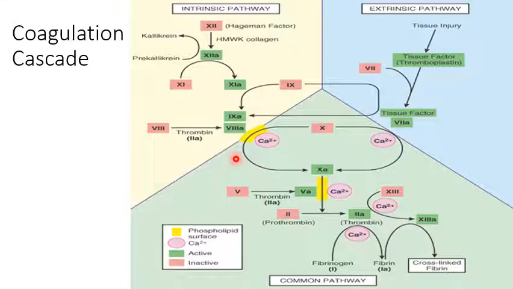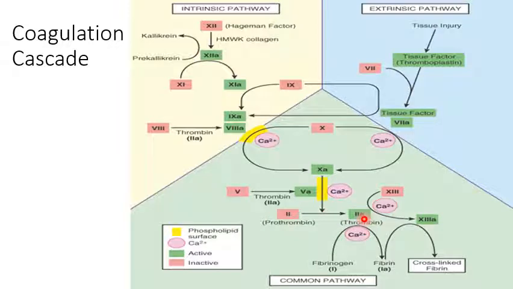So once we have our activated factor 10, that is going to form a complex with calcium and with factor 5A once that gets activated, and it's going to activate factor 2, which is prothrombin, to factor 2A, which is thrombin. So again, this factor 5A here is just serving as a cofactor to speed up the rate at which factor 10 activates factor 2.